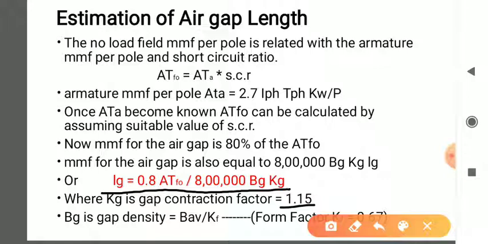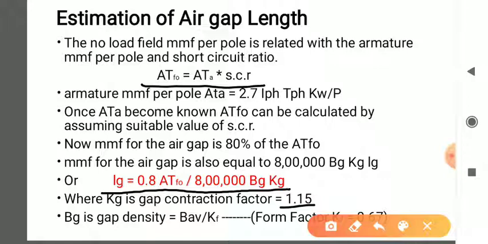where the ATFO, that is no load field MMF per pole, equals ATA into SCR, where ATA is the MMF per pole and SCR is called the short circuit ratio.